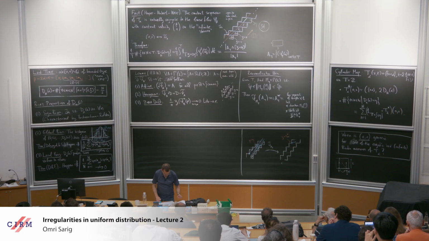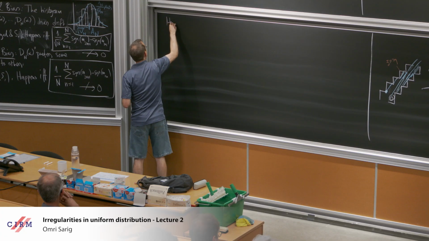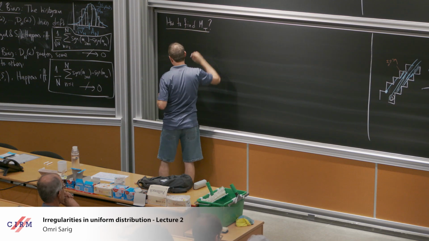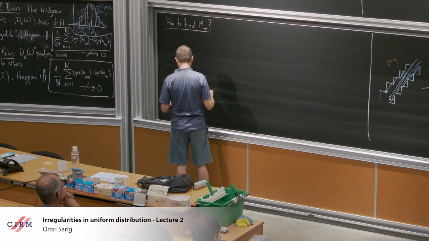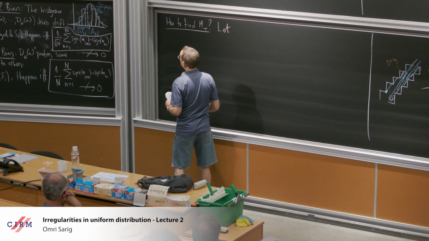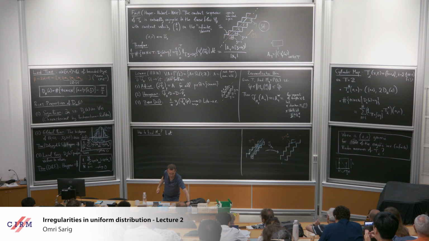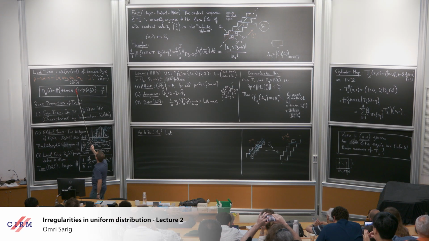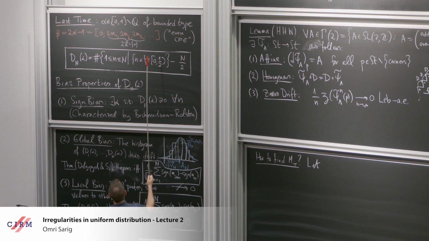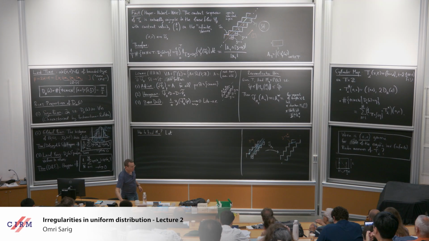So now let me tell you this fact. This is the number theory fact: how to find M_t. I'll just tell you what it is. I remind you that alpha is my initial angle, then I form 2 alpha minus 1. That also gives me the velocity vector on the staircase, and then I expand it into an even continued fraction expansion.